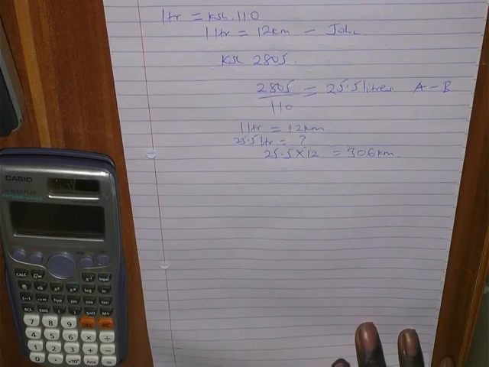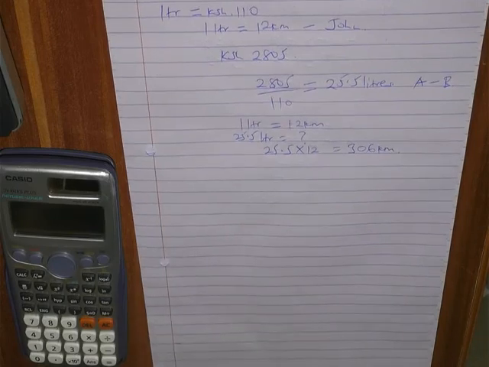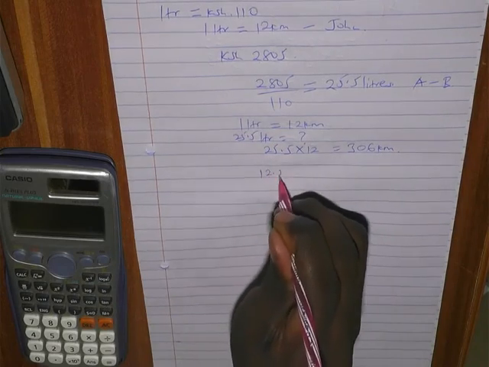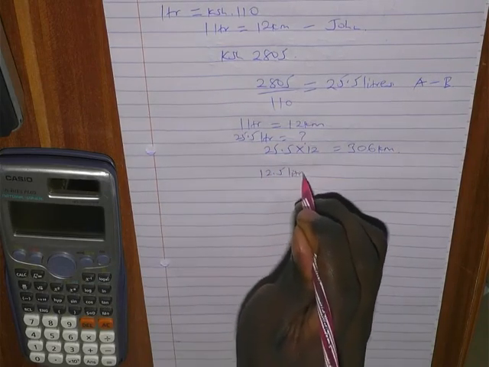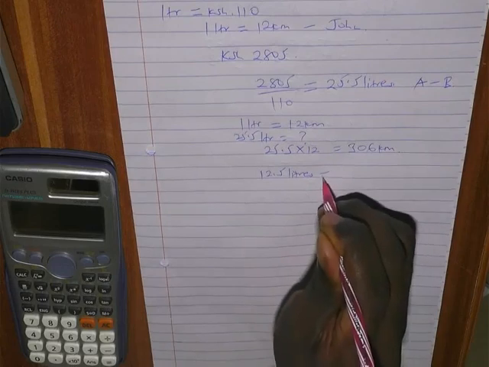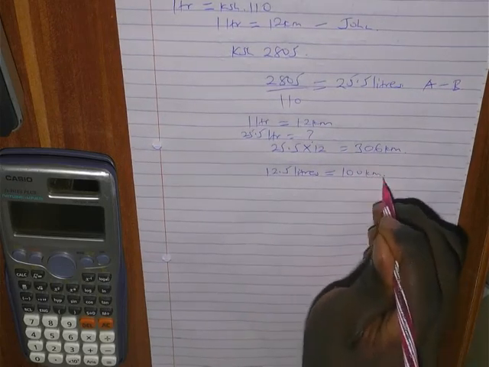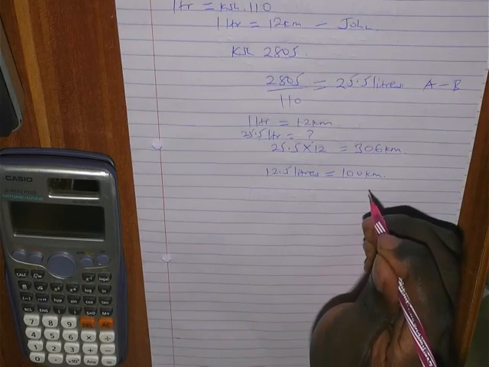The next thing is we are told Jane's vehicle consumes 12.5 liters for every 100 kilometers. Calculate the amount of money that Jane will use to travel from A to B on the same road.